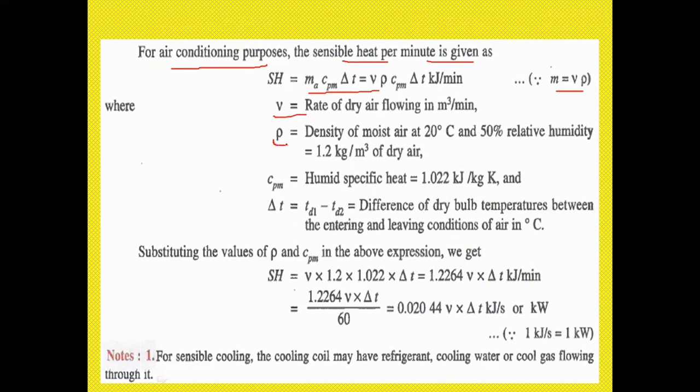Rho is the density of moist air at 20 degrees centigrade, equal to 1.2 kg per meter cube. CPM is the specific heat, equal to 1.022, and delta T is equal to TD1 minus TD2, the difference of dry bulb temperature between the entering and leaving conditions of the air in degrees centigrade.